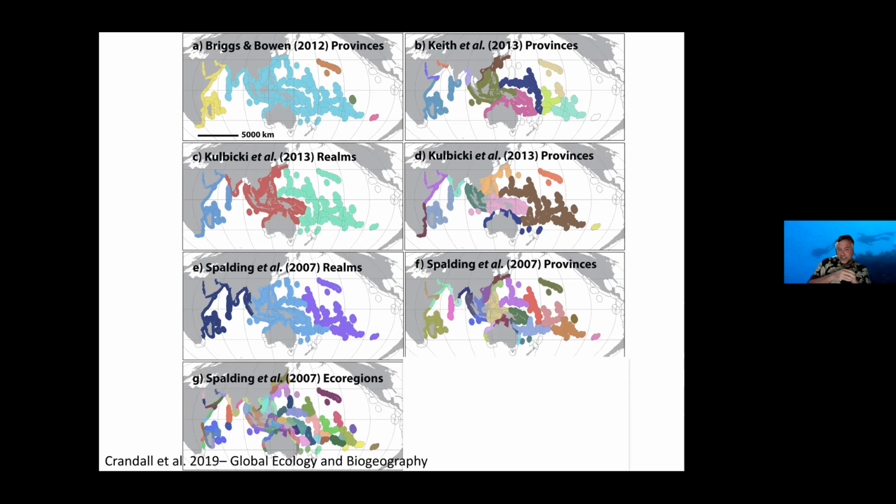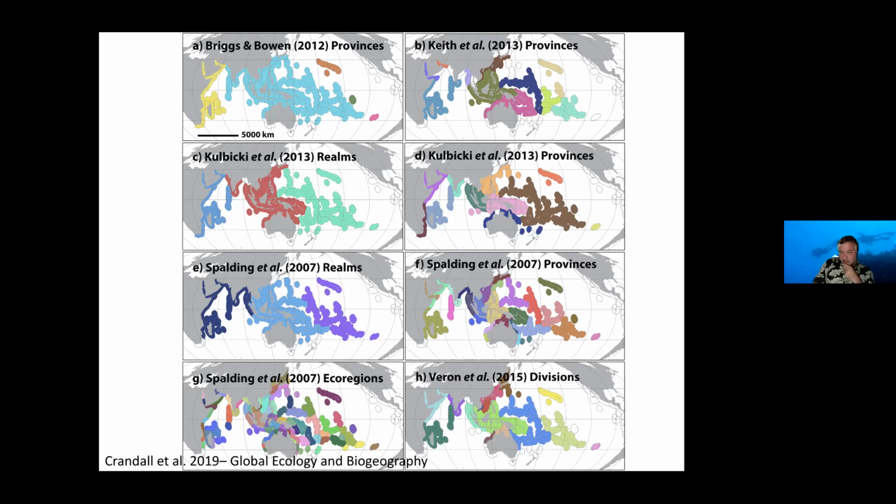Spalding did the Marine Ecoregions of the World, and they had a lot of different inputs, but it was basically expert opinion about what made these different ecoregions distinct from each other. They had a three-level hierarchy of ecoregions, provinces, and realms. And then Charlie Veron did an area cladogram analysis on corals and came up with their own set of regions.